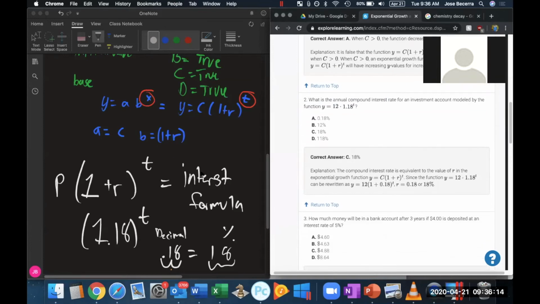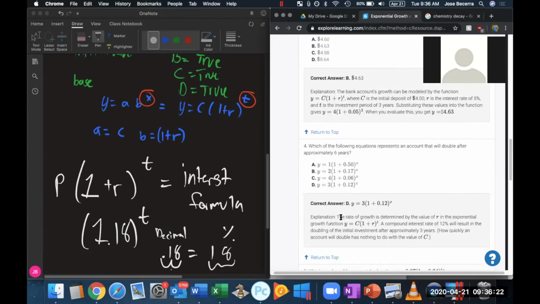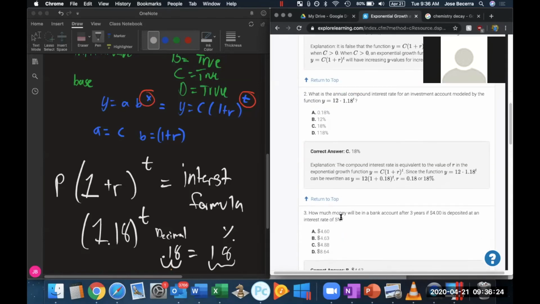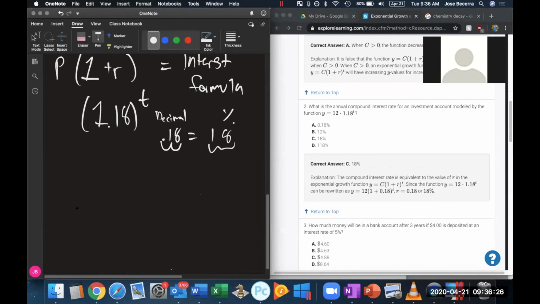All right, it says, how much money will be in the bank account after 3 years if $4 is deposited at an interest rate of 5%? So here's where we actually start to use our formula.